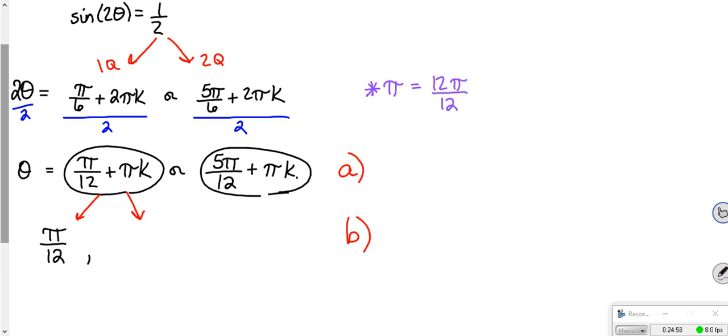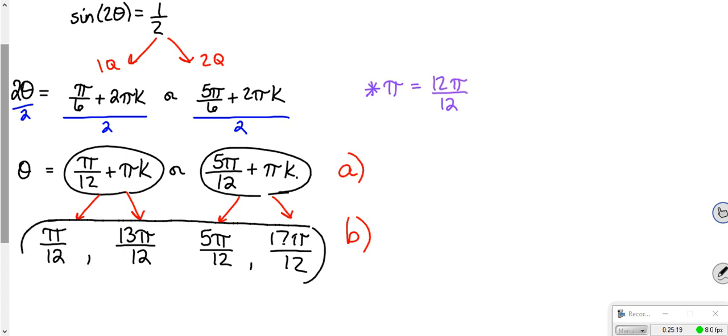So then if we add 12 to this, this is going to give me 13 pi over 12. That's the two answers coming out of here. And the two answers coming out of here are going to be, of course, 5 pi over 12 and 17 pi over 12. So these would be my four answers.